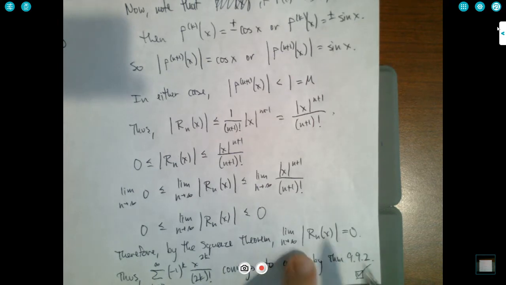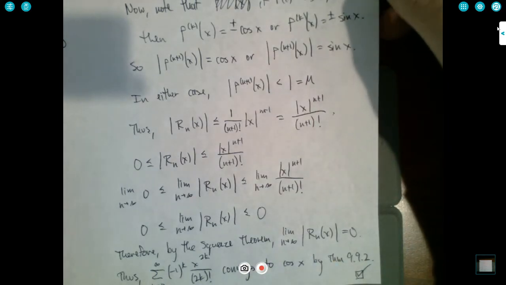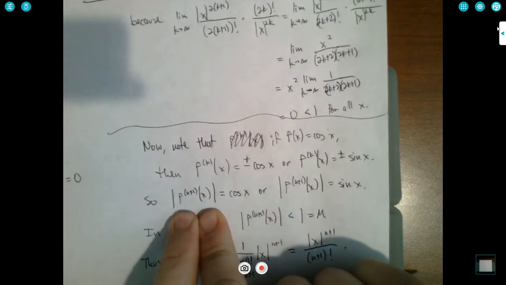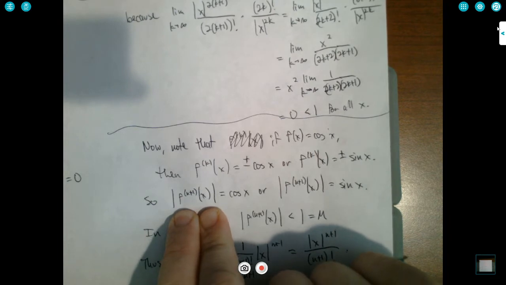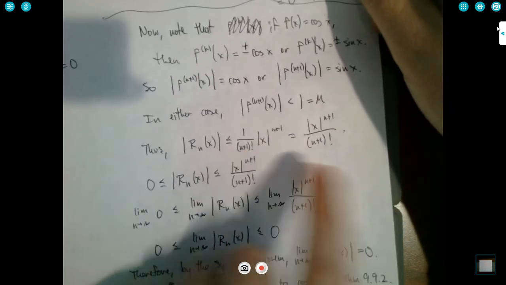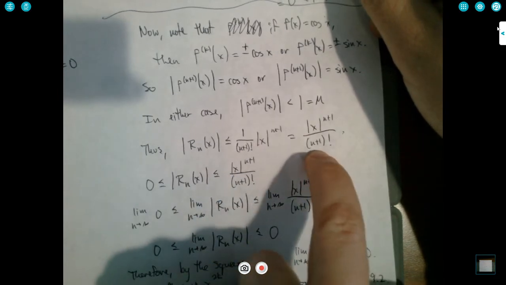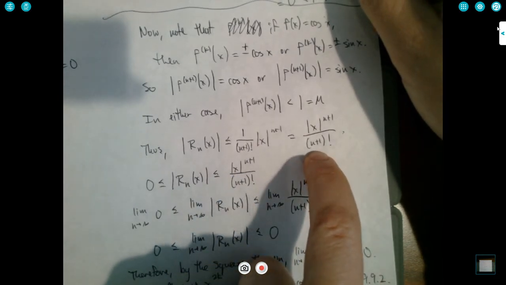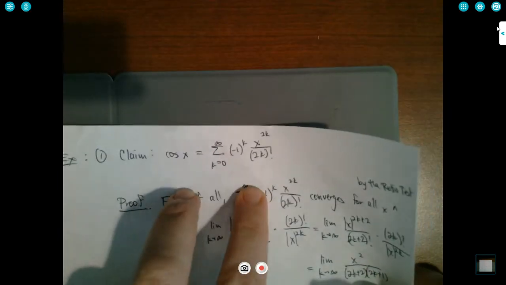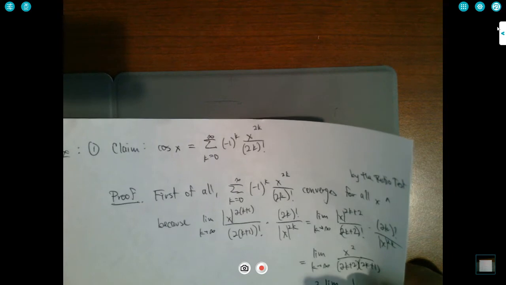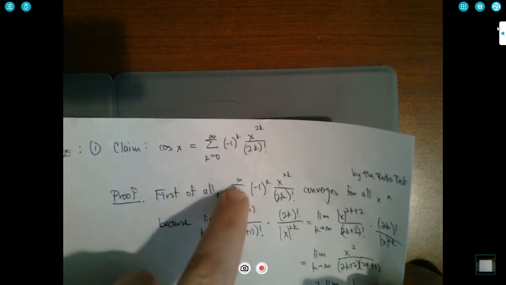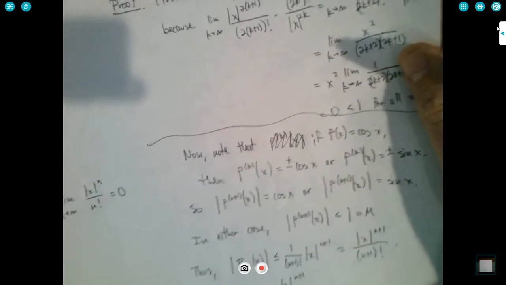And the way that you do that is you have to find some upper bound for the absolute value of the n plus first derivative of f evaluated at x, which in this case was just 1. Then if you can do that, it's usually not too bad to show that this thing goes to 0, assuming that you're working with a Taylor series that does converge to the function it's meant to represent.